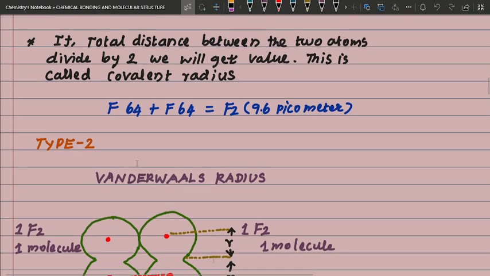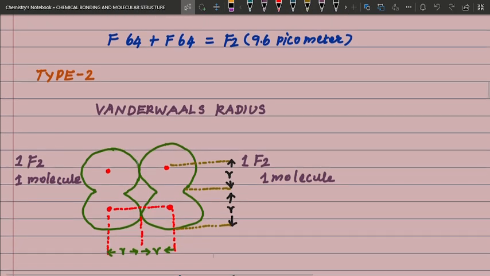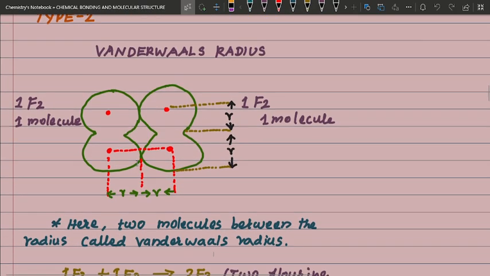Type 2: van der Waals radius. Here there are totally 4 fluorine atoms. This is one diatomic molecule of fluorine, and this is another.